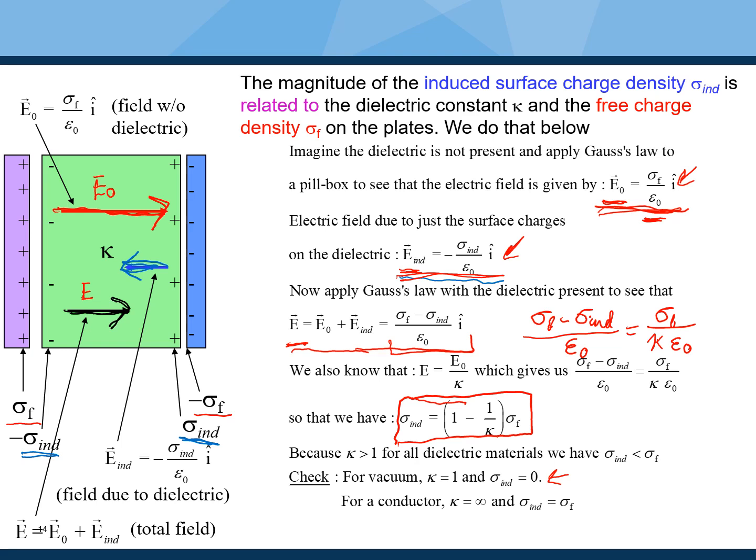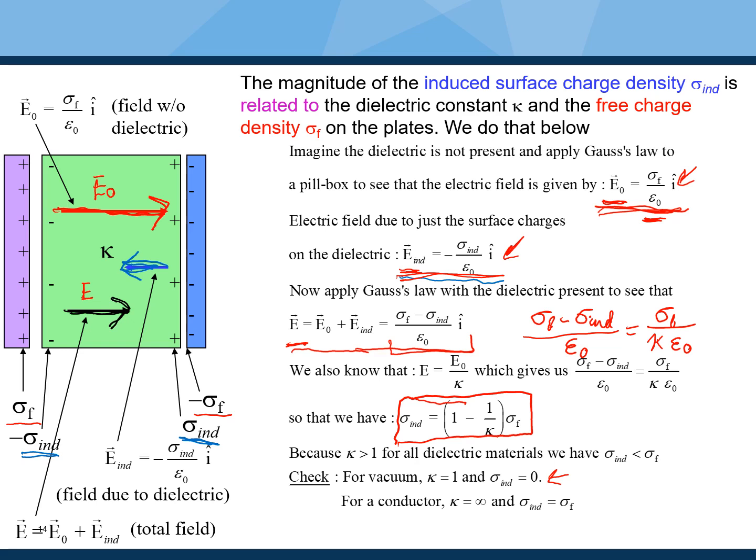In air kappa is nearly equal to 1 but slightly larger than 1. In a vacuum, kappa is exactly equal to 1, and so in such situations the induced surface charge density is very tiny or 0 and therefore negligible.